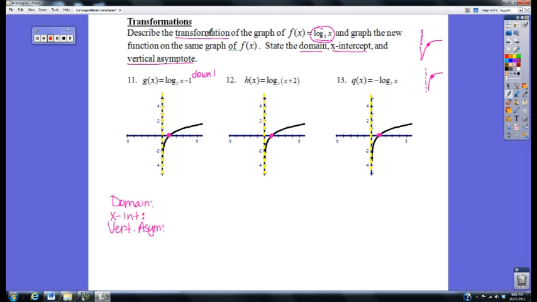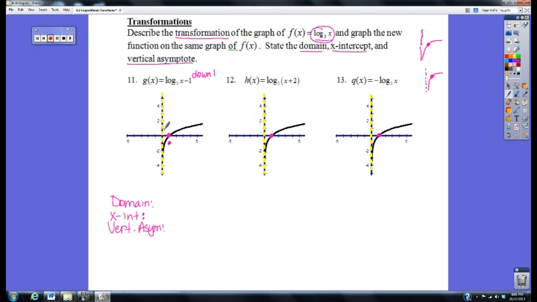That's your transformation. So take this graph, shift the whole graph down 1. So this point right here gets shifted down 1, and that's where that point is. And we need to see this point has been shifted down 1.